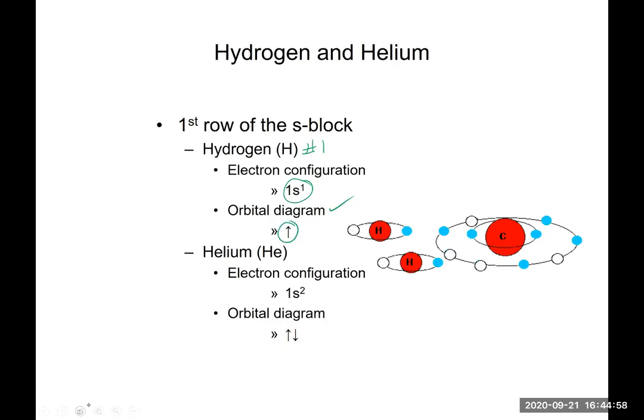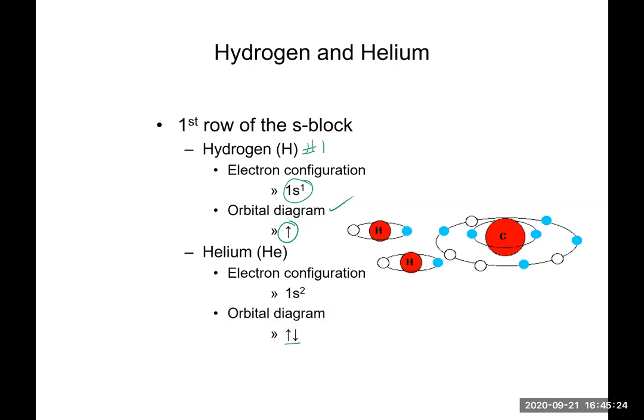If we look at helium, helium has atomic number 2, so helium has 2 electrons to deal with. There's a maximum of 2 electrons per orbital. So we have 1s2, and we have to put those both in. I like to do underlines because that shows that we have an s orbital right here, and that s orbital has 2 electrons in it.